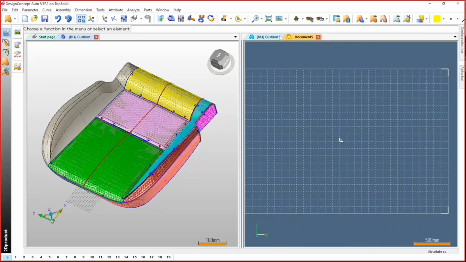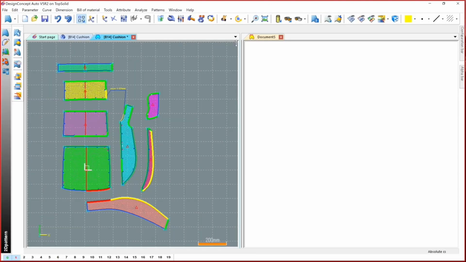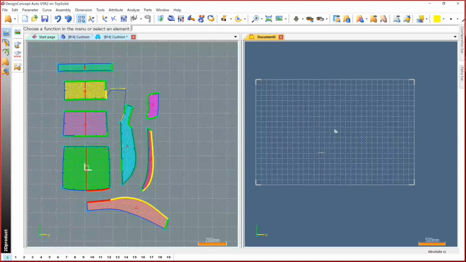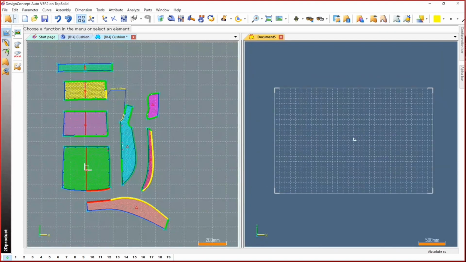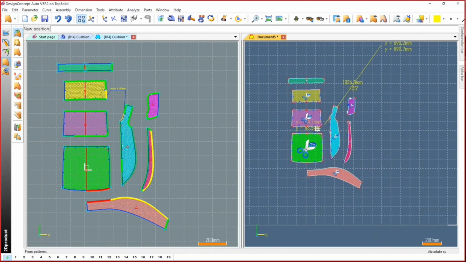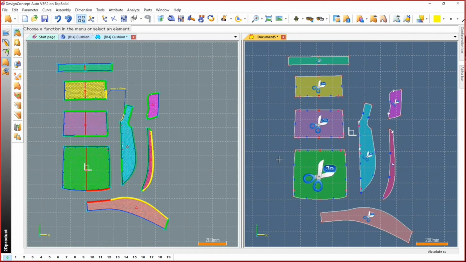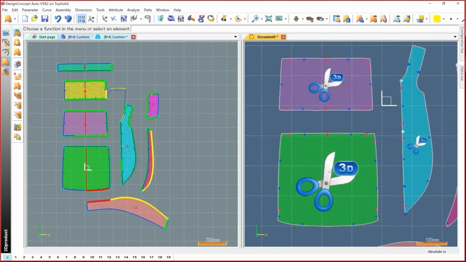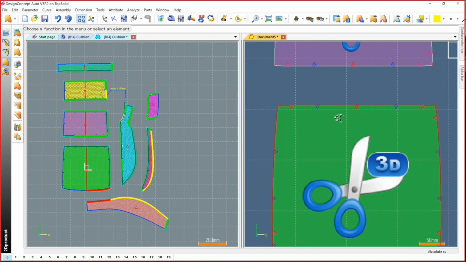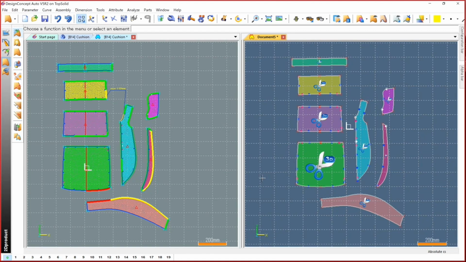After the fine tuning of each length, he is going to create each cutting data. You see the scissors mark, and these are the 2D designs that can be cut by the cutter.